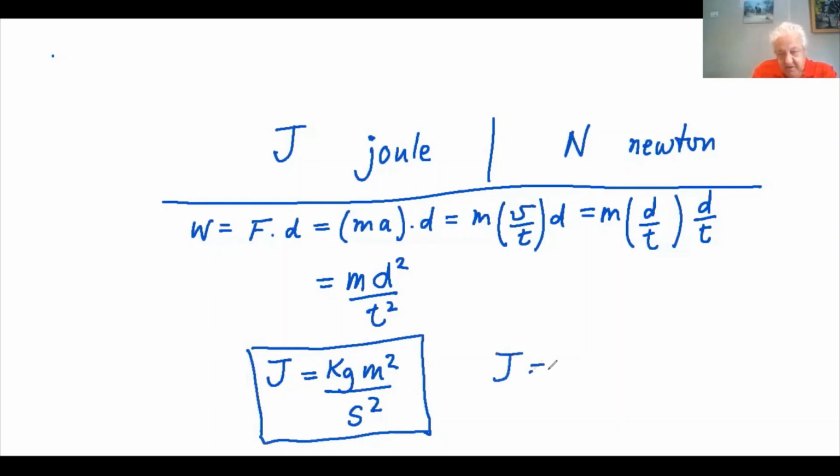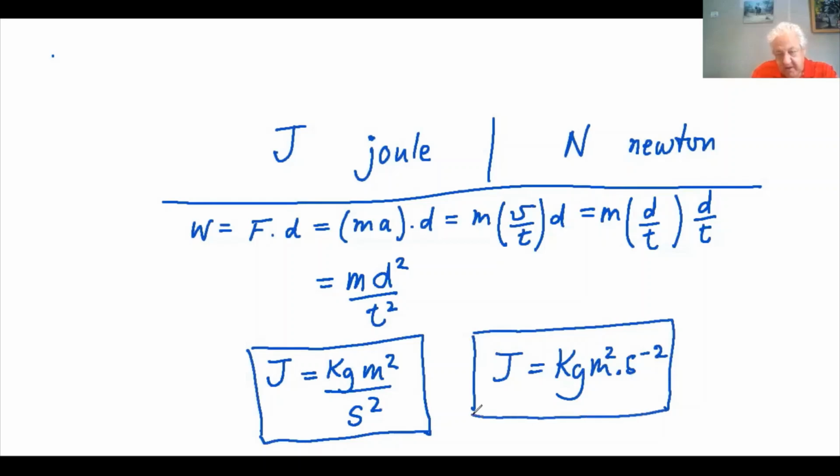I often like to write, instead of writing it like this, you can do it the way you wish, I like to write it as s to the minus 2. Another way of writing it, let me write all the possibilities. I'm not fond of this way of writing because sometimes you're dividing by more than one unit.